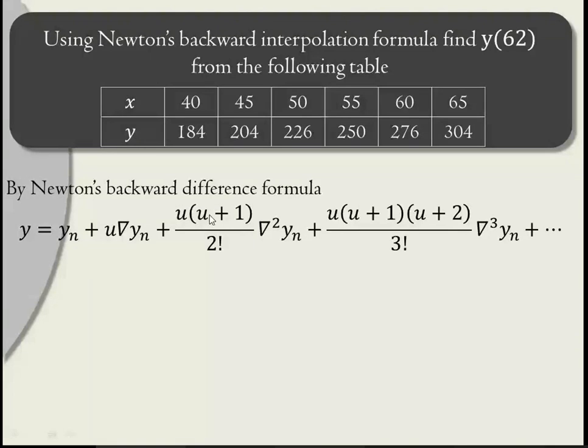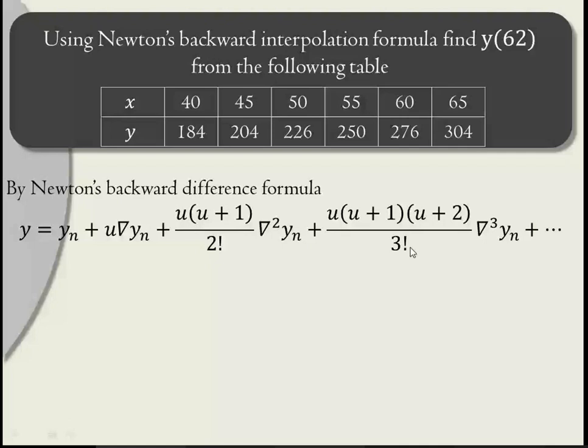So y will be yn plus u into nabla yn plus, for backward, u into u plus 1 divided by 2 factorial into nabla square yn plus u into u plus 1 into u plus 2 by 3 factorial into nabla cube yn plus dot dot dot.